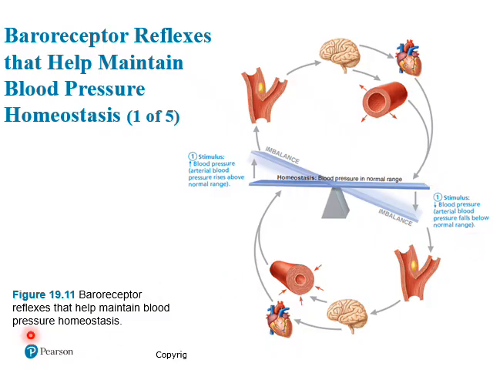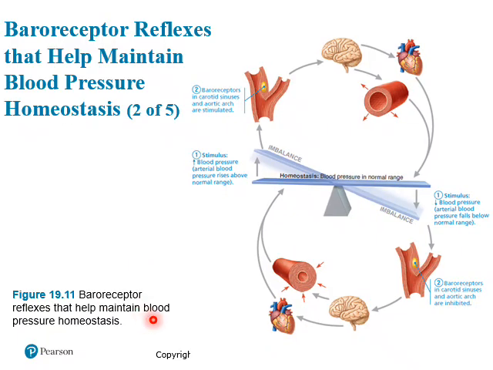And what's going to happen next is, on its side, the baroreceptors right there in the carotid sinuses and the aortic arch are stimulated, okay? And over on this side where the arterial blood pressure has gone down, the baroreceptors in the carotid sinuses and aortic arch are inhibited.